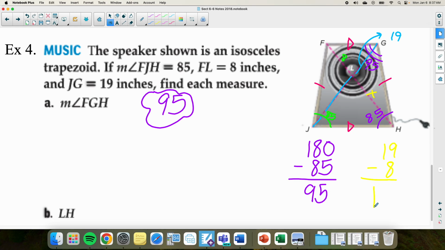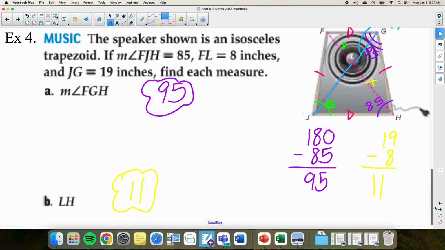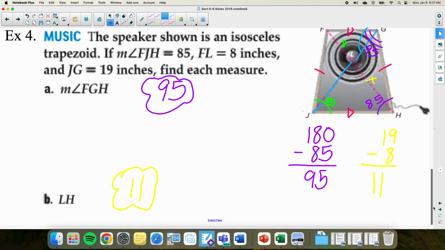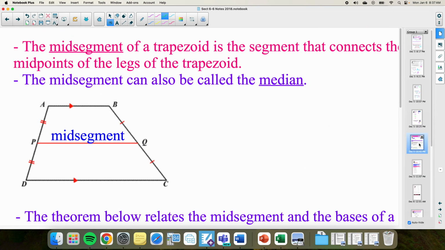Everybody understand that? Okay, so if this whole thing is 19, then 8 plus 11 would give us that length. Okay, and then let's see, does it ask us for anything else? No. All right, so now let's go here.